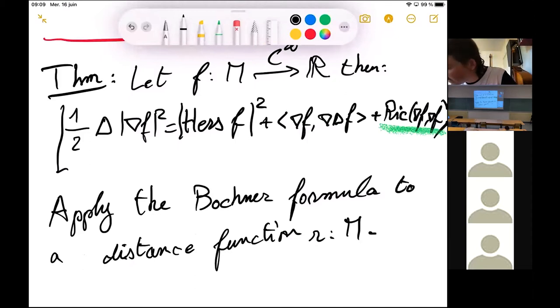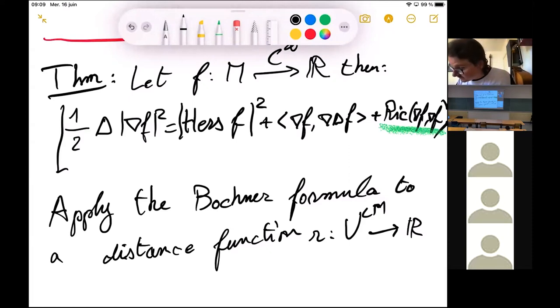From M, or some open set in M, actually. Maybe let's make that clear: this is a purely local computation, so having a function defined on the whole of M or on an open set in M doesn't make any difference.